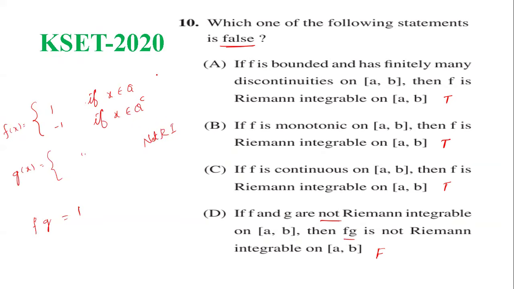This is also not Riemann integrable, but f into g is Riemann integrable, because this is a continuous function. This is Riemann integrable on a closed interval [a, b].